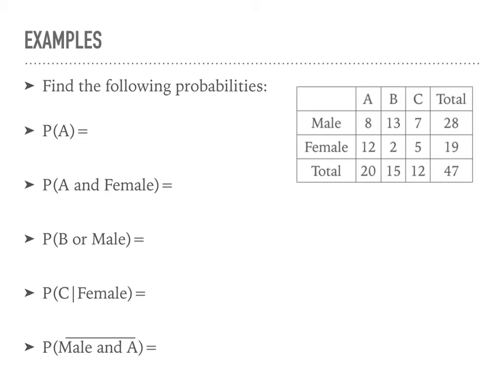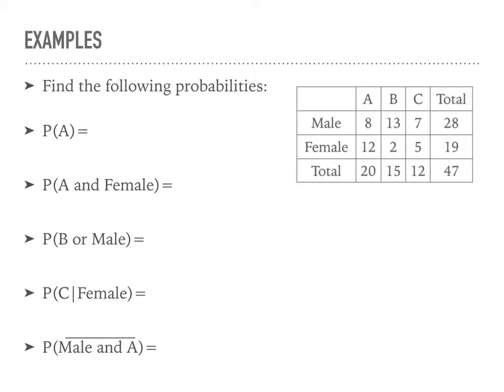We see here that we have male and female students that got A's, B's, and C's. We can see the total number of students that got A's is 20, total number of students that got B's is 15, total number of students that got C's is 12. We have 28 total males and 19 total females.